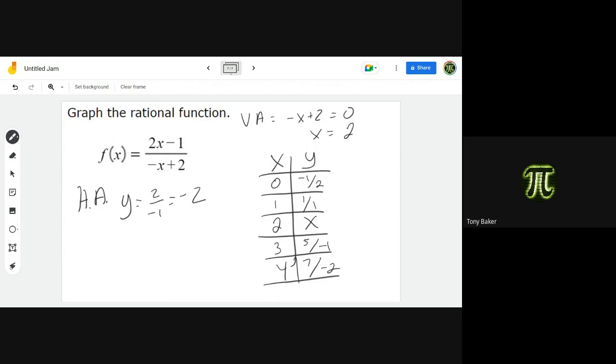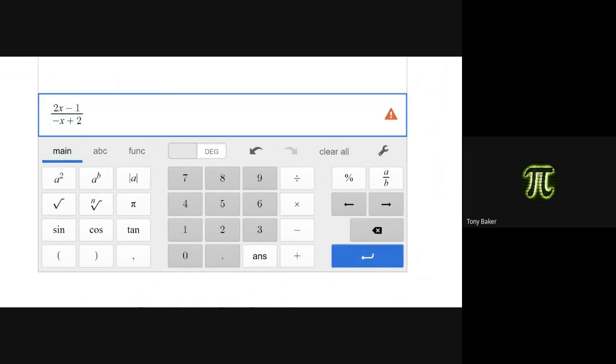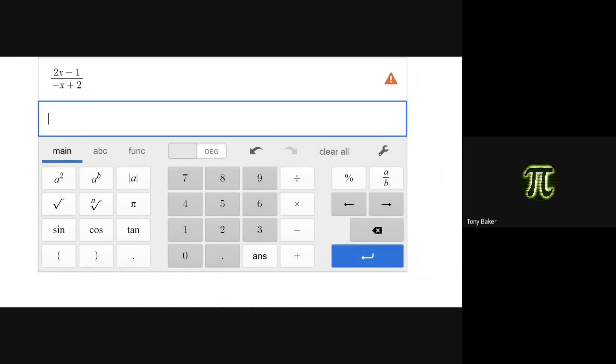You are more than welcome to use the Desmos Scientific Calculator. I'll show you. Just type your function in like that.